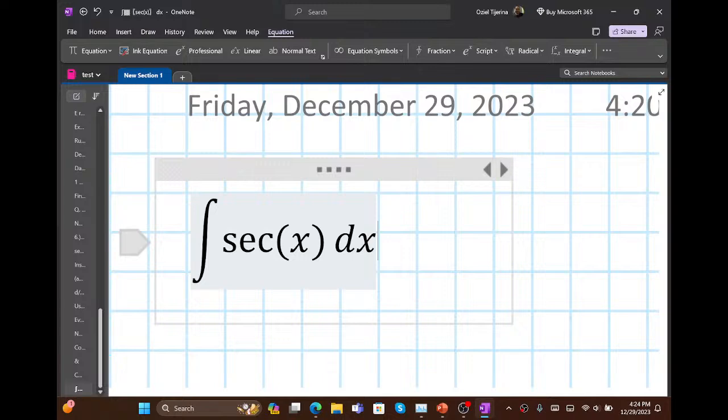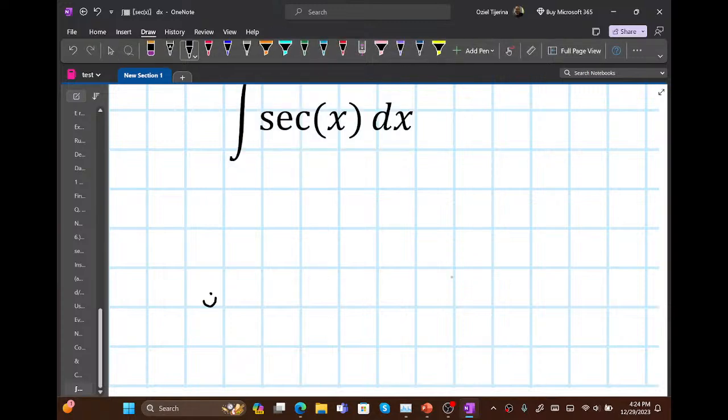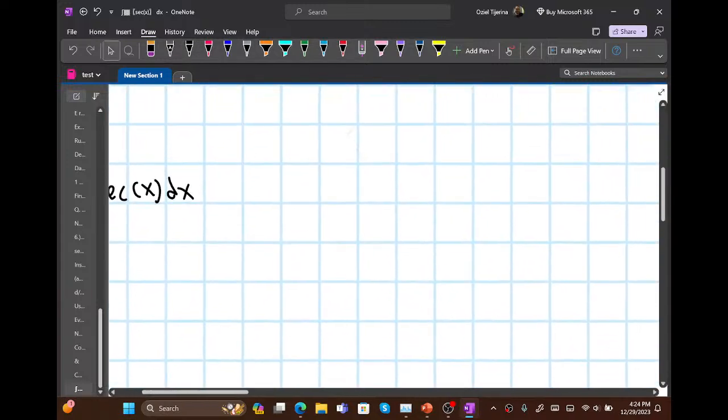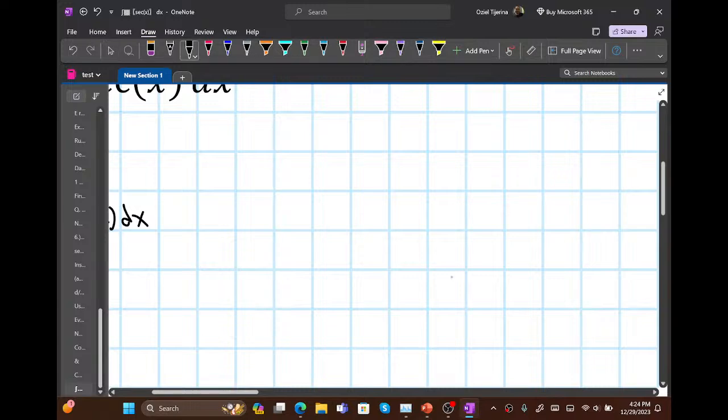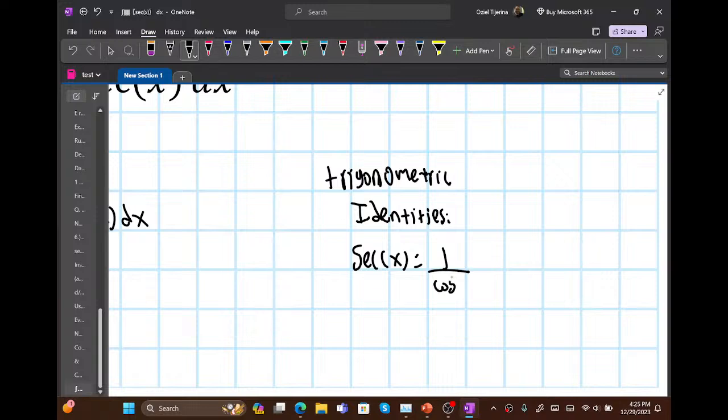Okay, so first, remember that we have the integral of secant x dx, and we must remember from trigonometric identities that secant of x is 1 over cosine of x.